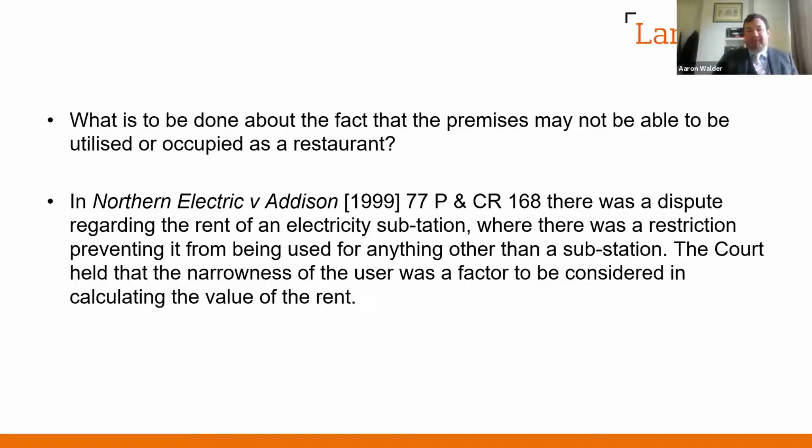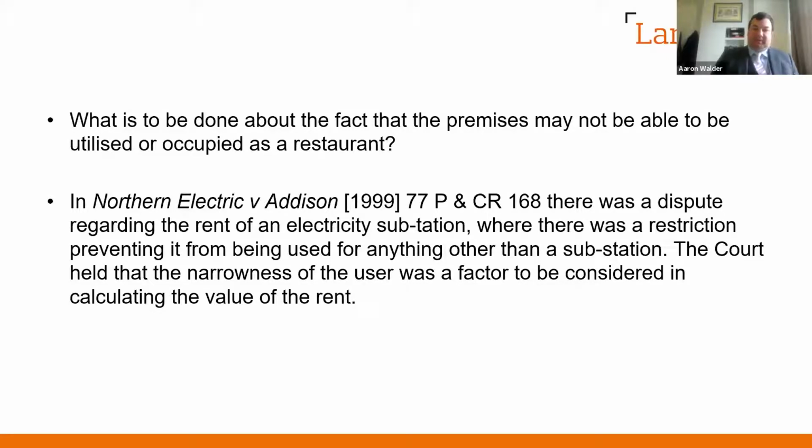In our hypothetical, there is a restaurant. For the last 3 months, there has been a statutory bar on restaurants opening and serving food inside. So the thing that has stopped the restaurant being able to be utilised is a mix of the law and the user covenant.